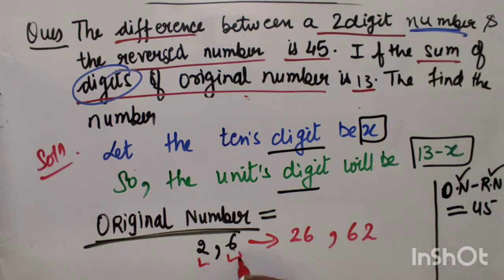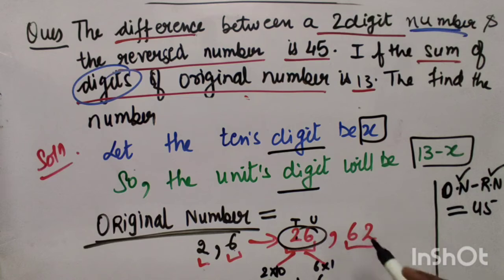How do these digits become 26 and 62? As we can see, this is at tens place, this is at unit place. So as per the place value table, the tens digit is 2 into 10, so it becomes 20. And this is at unit place, so 6 into 1, that's why it becomes 6. When we add both, we get our final number, that is 26.